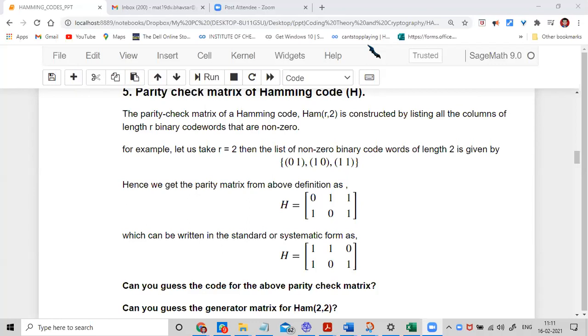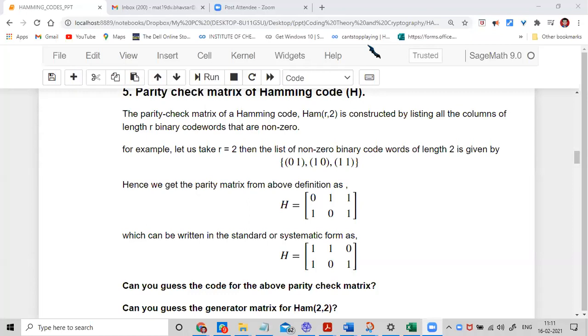So only theta is now varying. Of course, I'll put restrictions. Like that, n and k are different things, but now we are writing n as well as k, everything in terms of r. So that is a parameter. Is it okay, Karnika? Yes. So this is another beauty of Hamming codes. For each r, I am constructing one.